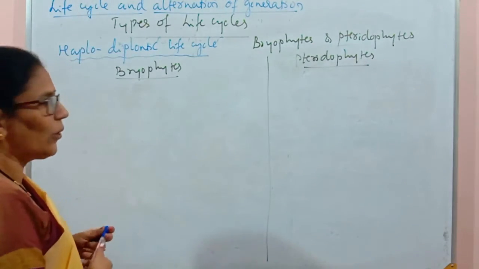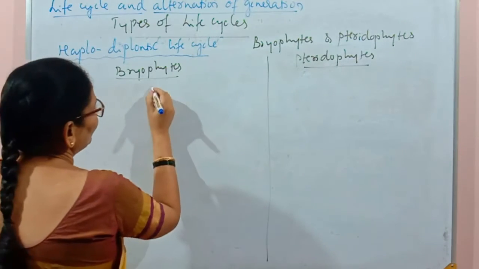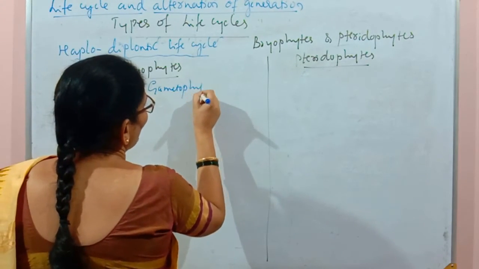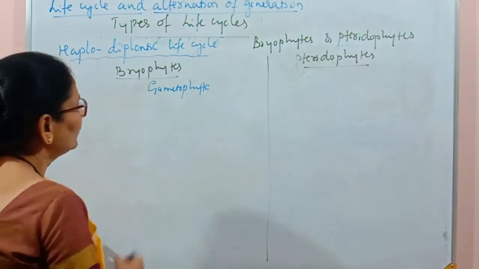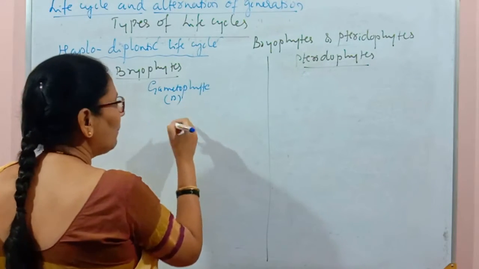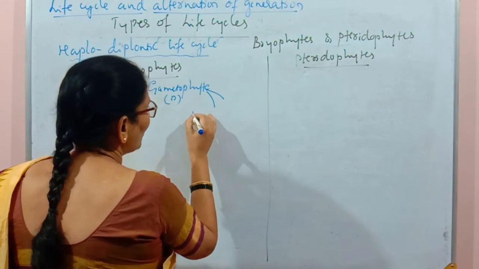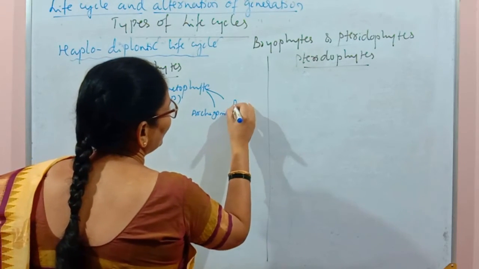In bryophytes, the main plant body is a haploid gametophyte, which may be prostrate or erect, and it produces the sex organs. The sex organs we know very well: archegonia and antheridium.